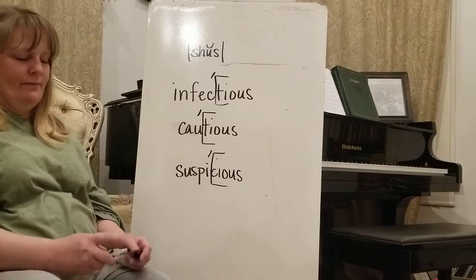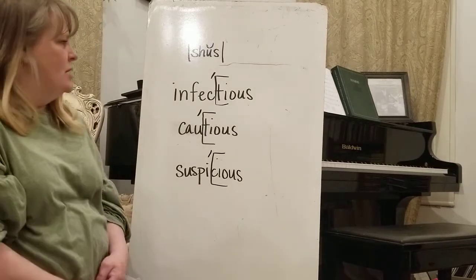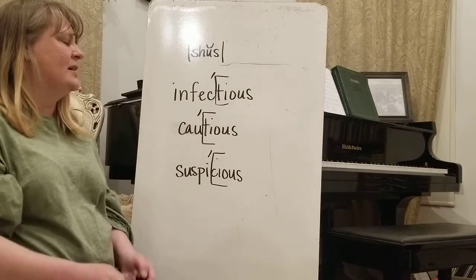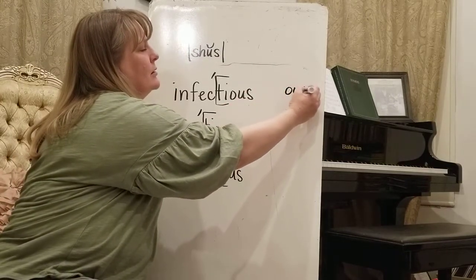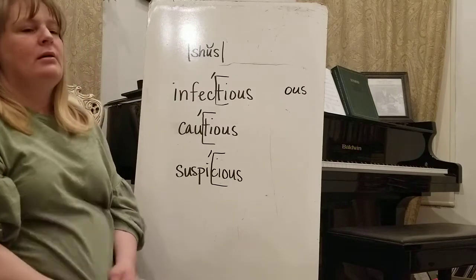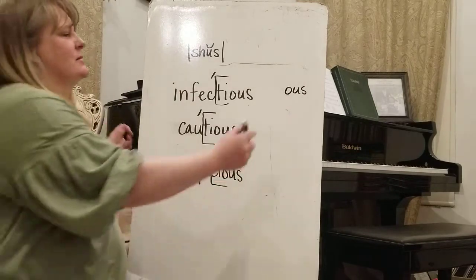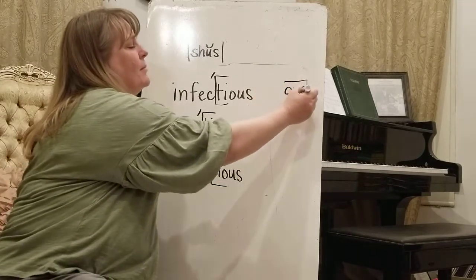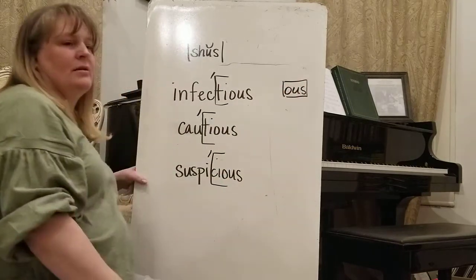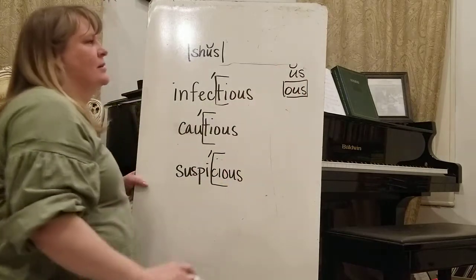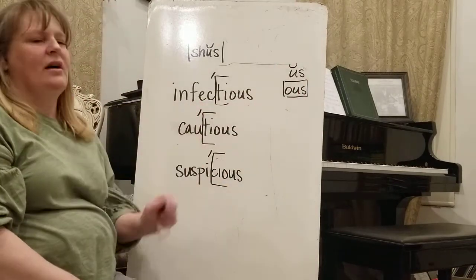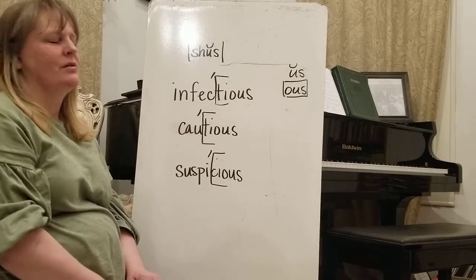All right. We have a suffix O-U-S, which says us, like in the word marvelous. So the O-U-S is saying the us sound. And what is making the sh sound?